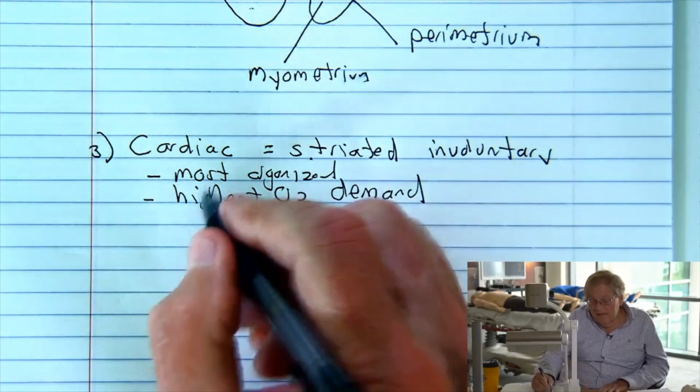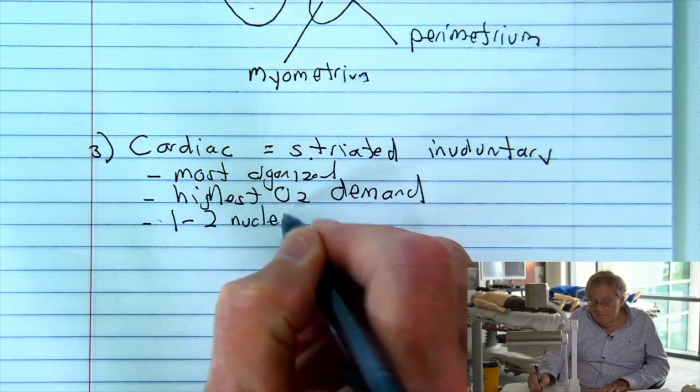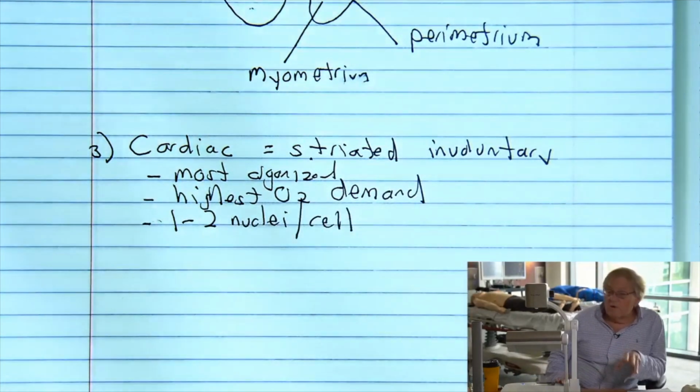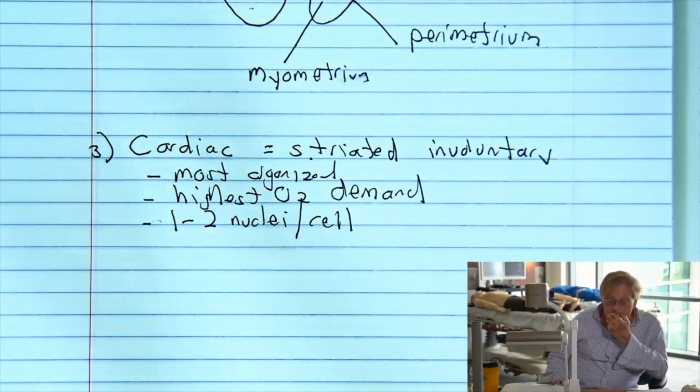It's also going to have 1 to 2 nuclei per cell. So remember we said smooth muscle's got 1 nucleus per cell, and skeletal muscle's got 100 to 1,000 nuclei per cell. This is only going to have 1 or 2 nuclei per cell.